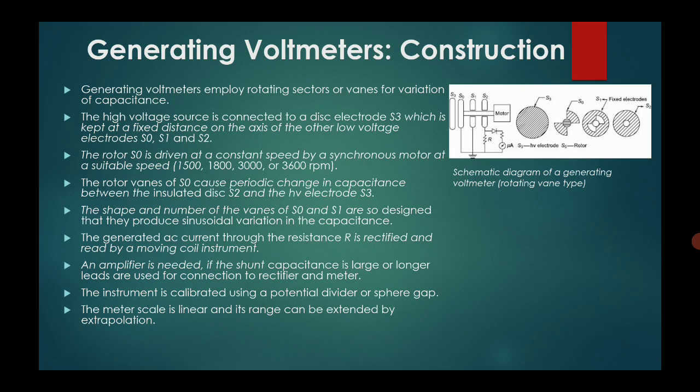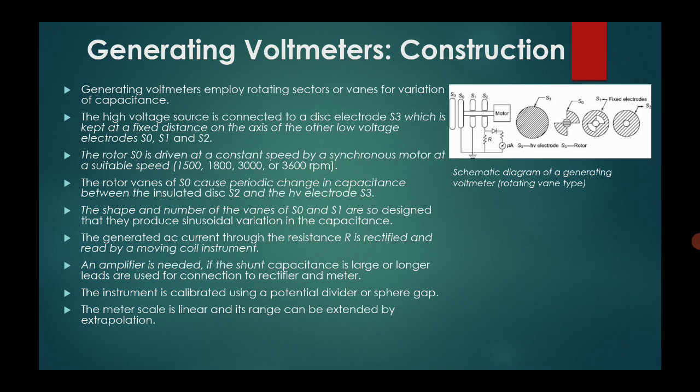Depending on the amount of capacitor disc coverage, we are getting different values of the capacitance, and this will create different values of voltages. Okay, the generating voltmeter employs rotating sectors or vanes for variation of capacitance.